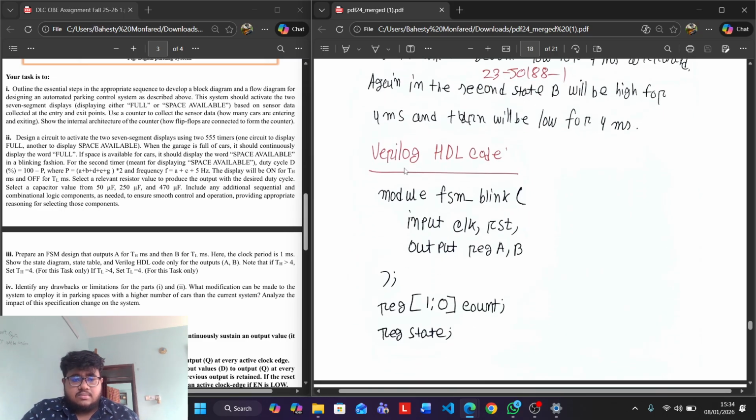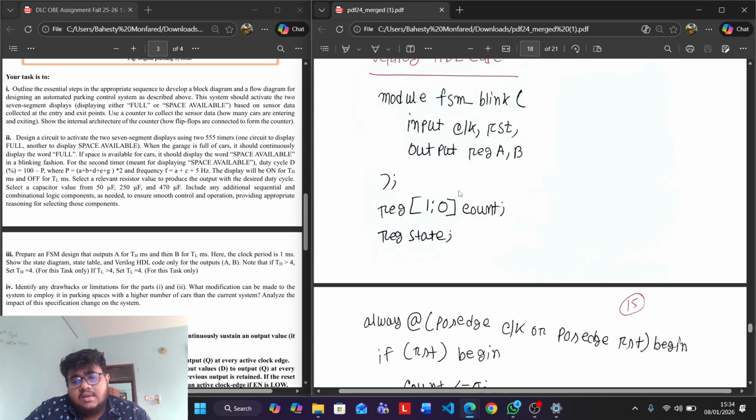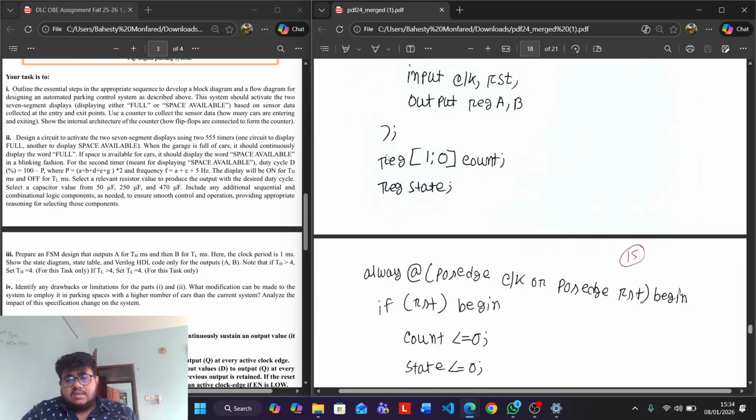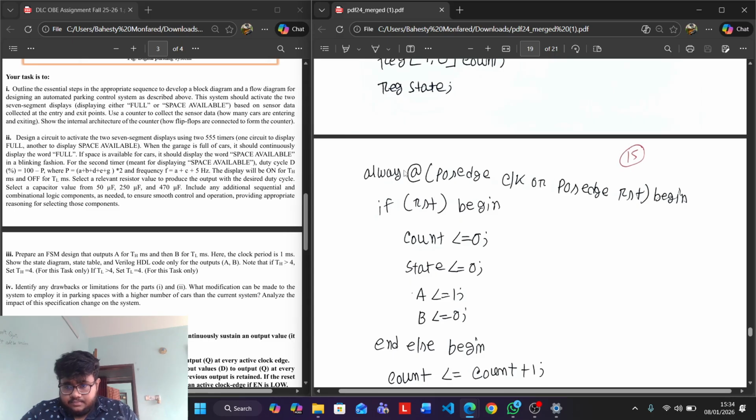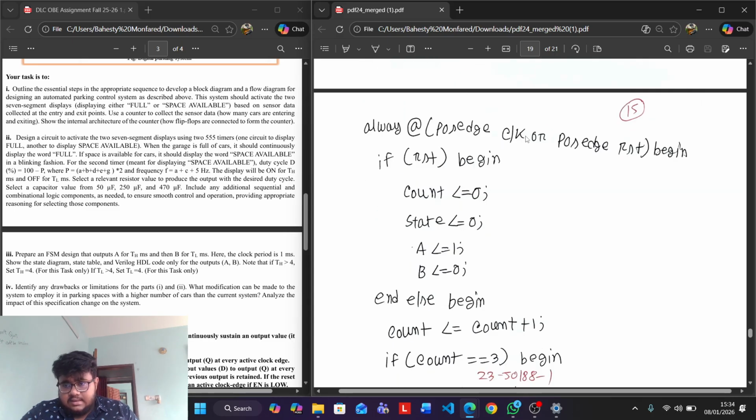Again, in the second state B will be high for 4 ms, then low for 4 ms. And we have to write the implementation of the VHDL code. At first we write the module FSM blink, with inputs clock and reset, and outputs A and B as registers. We need a register to count, always at the positive edge of the clock or reset begin.